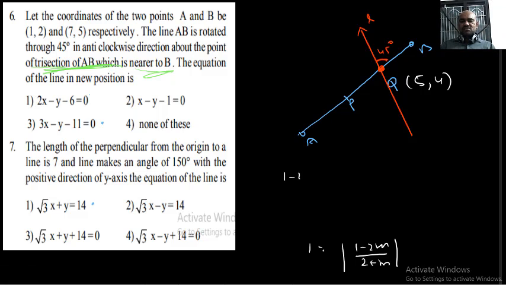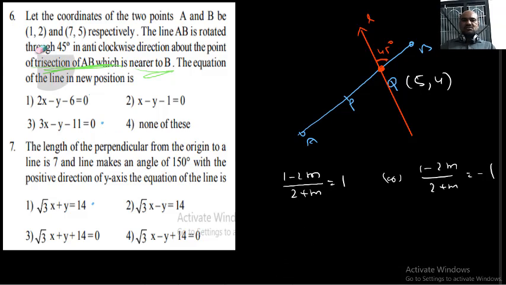So (1 minus 2m)/(2 plus m) equals 1, or (1 minus 2m)/(2 plus m) equals minus 1. So 1 minus 2m equals 2 plus m, or 1 minus 2m equals minus 2 minus m.